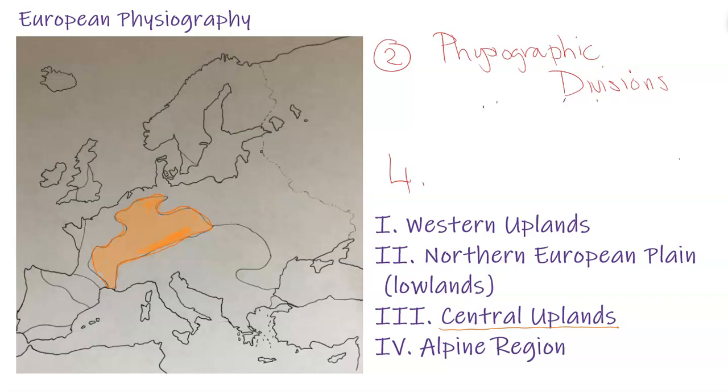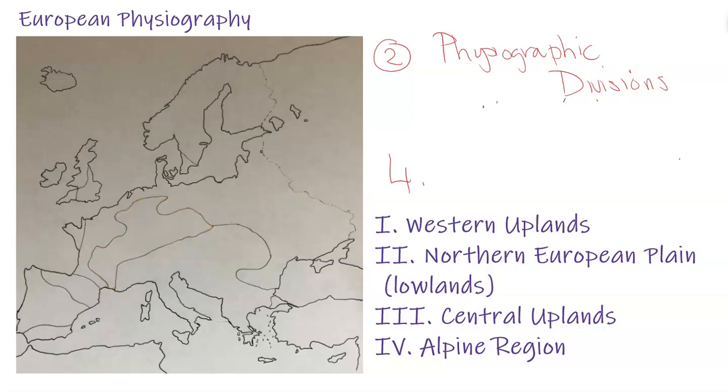So this contains various sections, the Massif Central, the Ardennes in France, the Hercynian Hills, and pretty much is the foothills of the Alps. And it includes much of the Czech Republic as well, and is very wooded, very rugged, but obviously not as high in elevation as the Alps.